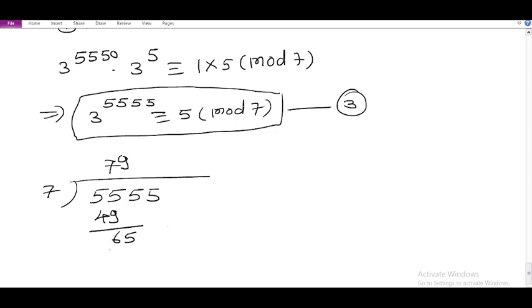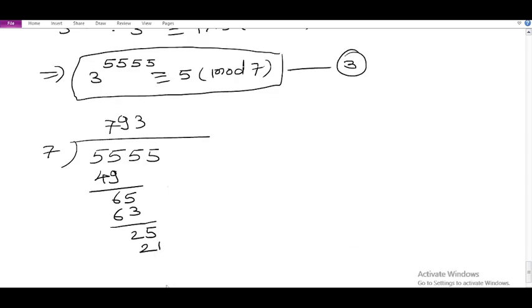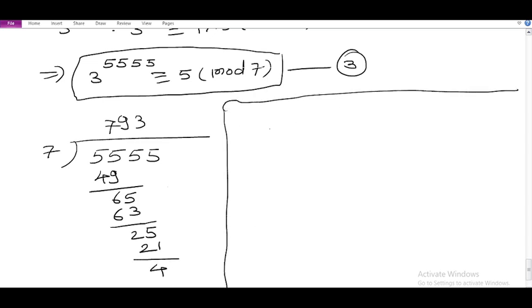This is equal to 63, remaining is 2, and next it is 21, so remaining is 4, and hence 5555 is congruent to 4 modulo 7.